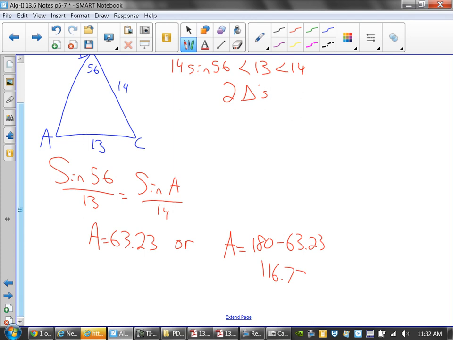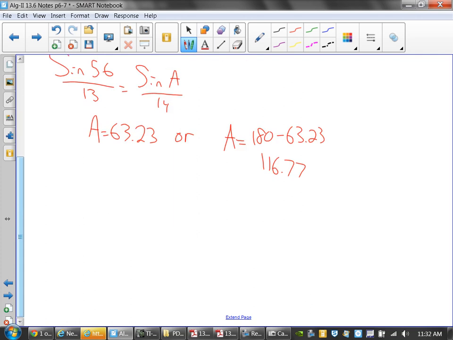After I get that far, knowing that I'm going to have two triangles in this scenario, just draw the two triangles, so that way you remember to solve for the rest of the parts. 63.23, 56, 13, 14.